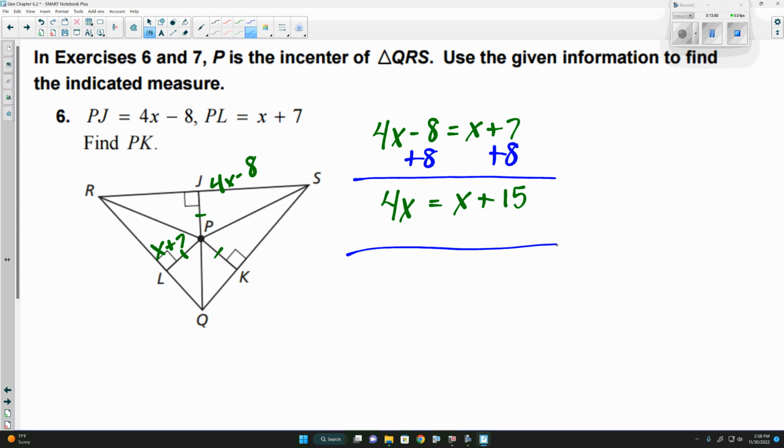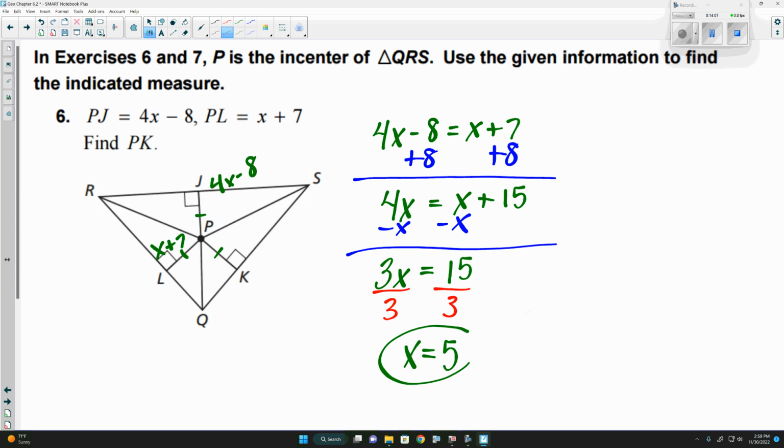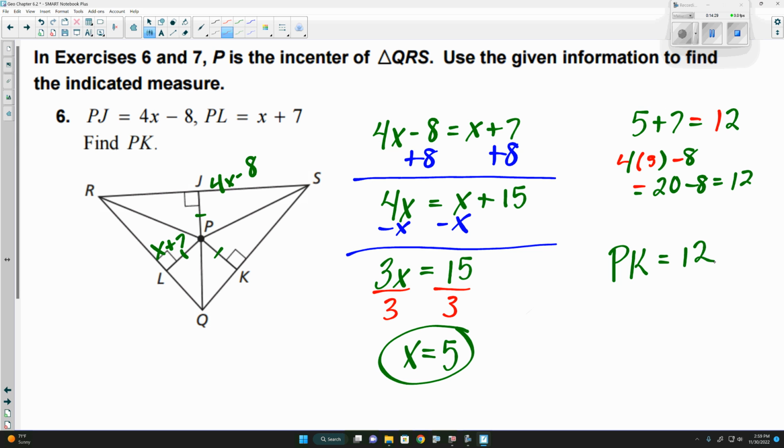And then we would minus x from both sides, telling us that 3x is equal to 15. Divide both sides by 3, telling us x is 5. Now we can pick which one we plug it into, because we can say 5 plus 7, or we can say 4 times 5 minus 8. 4 times 5 is 20, minus 8 is still 12, so PK is 12.